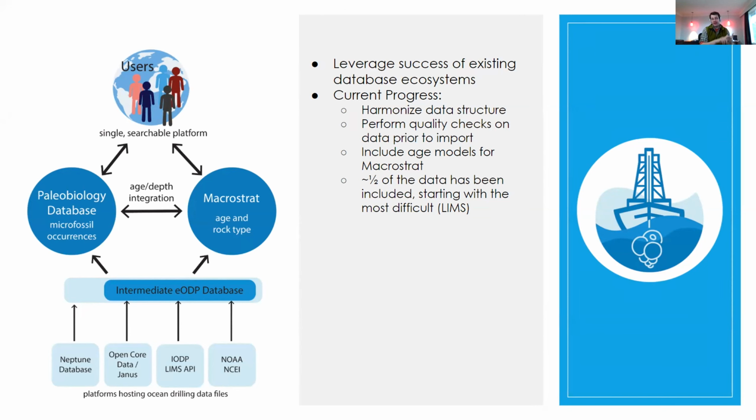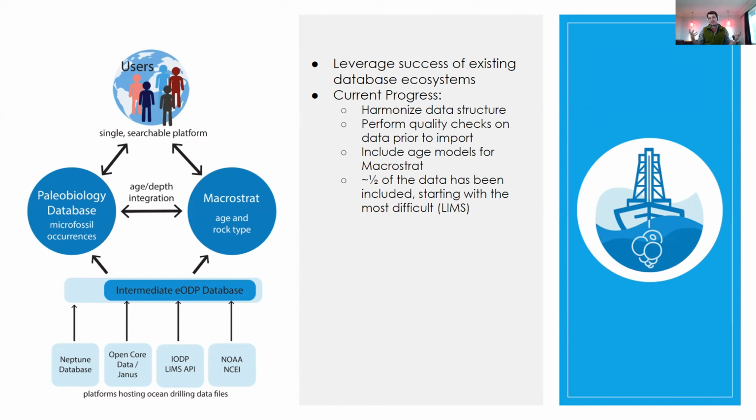Macrostrat will host the age and lithology information, whereas the Paleobiology Database will take in the microfossil occurrences. So anybody that has dealt with Janus or LIMS, or even the data set that's hosted by NOAA encompassing the DSDP data, knows that you're dealing with .csv files, raw HTML tables, some weird Excel files that are completely customized, and a whole bunch of different APIs, and it's a mishmash of different data types.